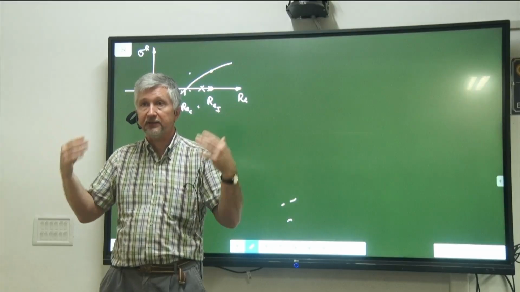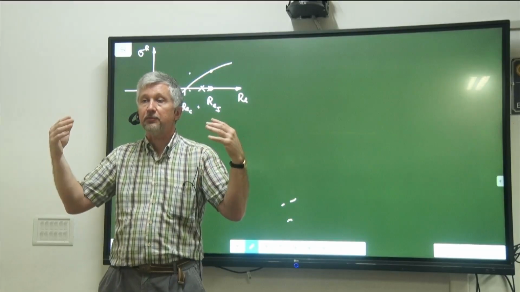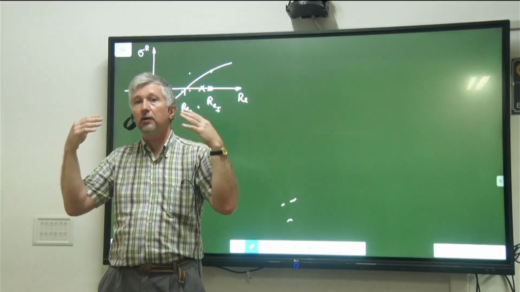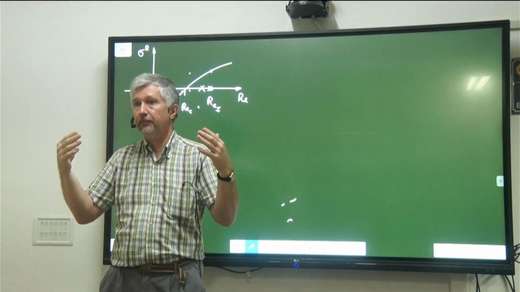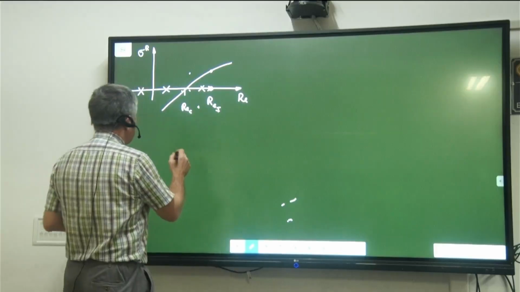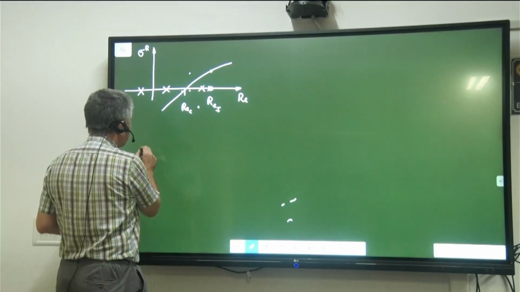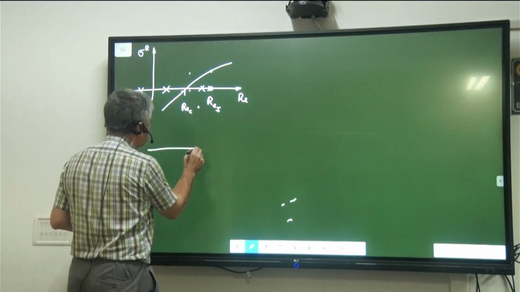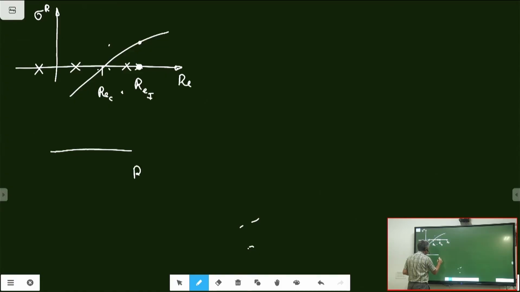So base flow exists, and is the only possible solution before the bifurcation point. Okay, so I'll draw another diagram. So now I draw a solution, and this solution looks like, well, like this straight line, and this is base flow.